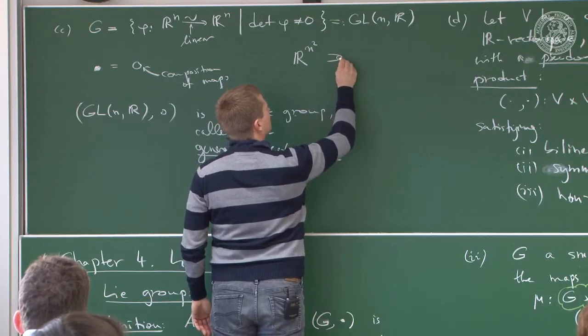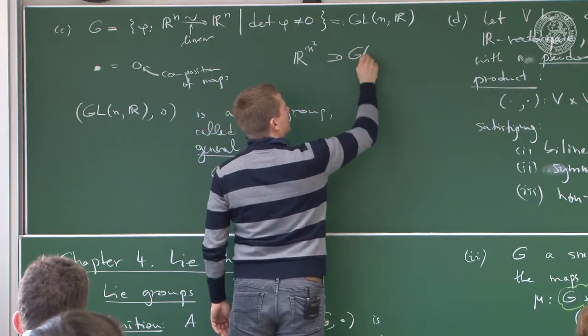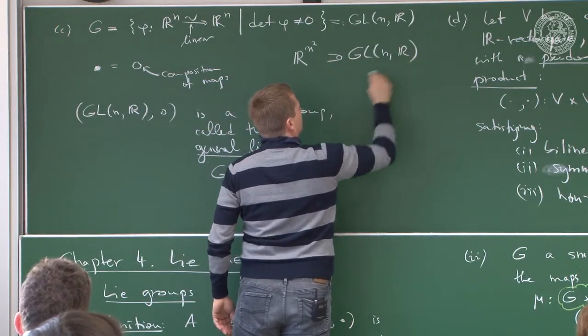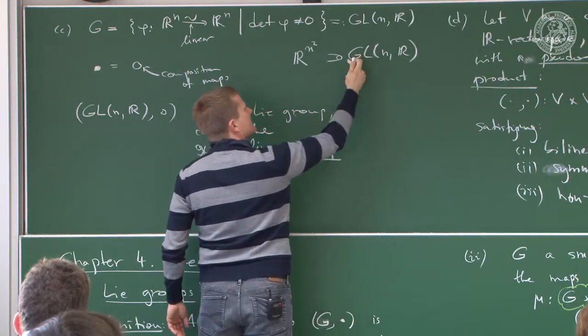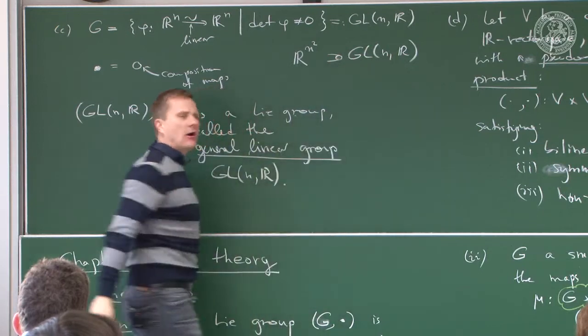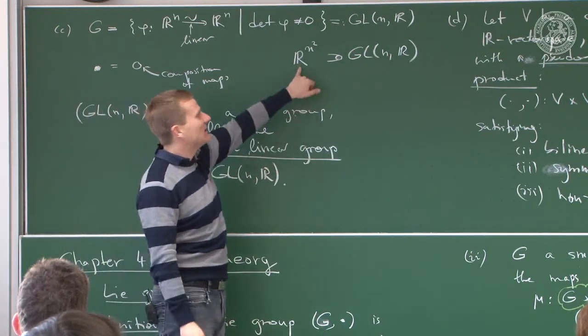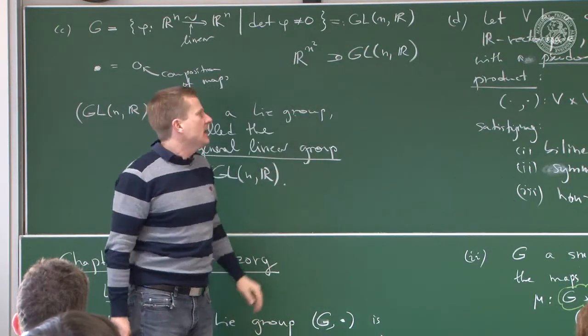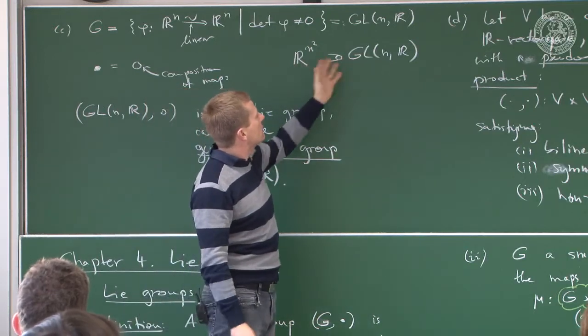So you may want to write this like this. Suppose this is a subset. It's a subset. And if you make a little twiddle here, it's an open subset. Okay, it's an open subset of this guy. Now you have an open subset of a smooth manifold.